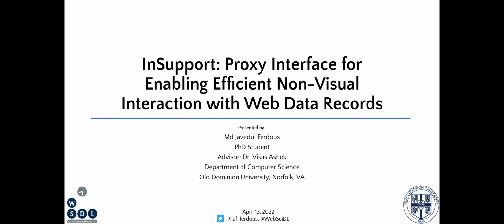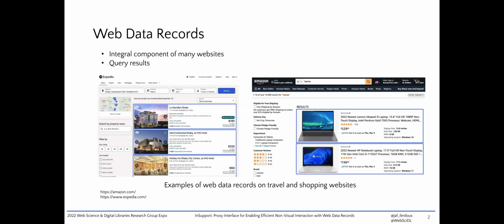Hello, everyone. I'm Javedul Ferdous, PhD student in the Department of Computer Science at Old University. In this presentation, I will talk about my work on improving the interaction experience with web data records for blind screen reader users. Web data records are an integral component of many websites, especially those that present structured information by querying from a database.